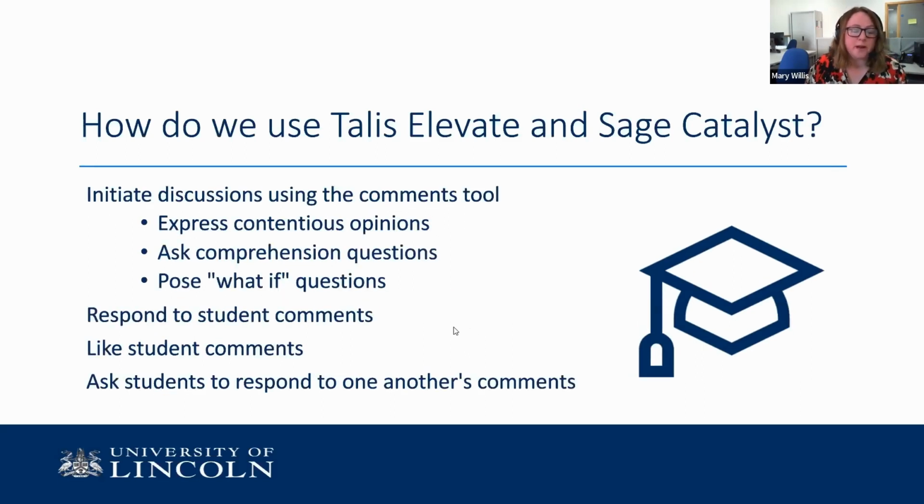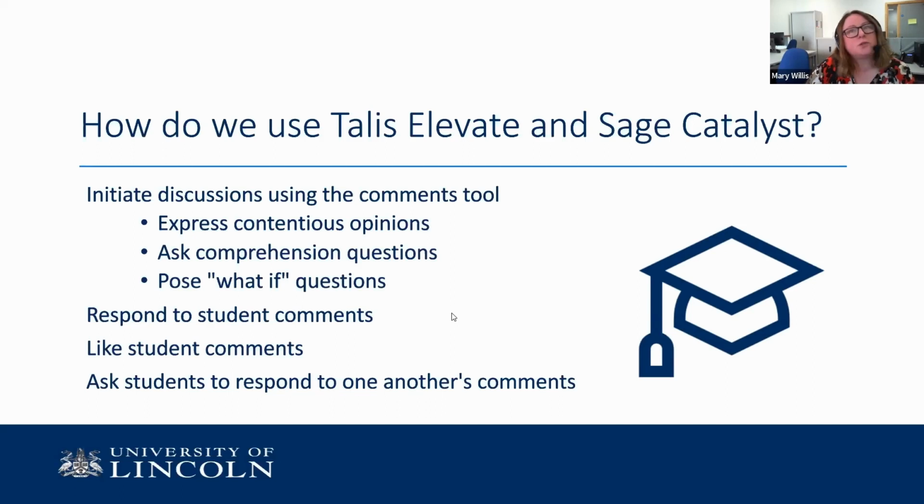So when I'm using, for example, an academic article, the way in which I would use that is that I would either ask students questions, or I will perhaps put my own comments into the resource to try and get that conversation started.